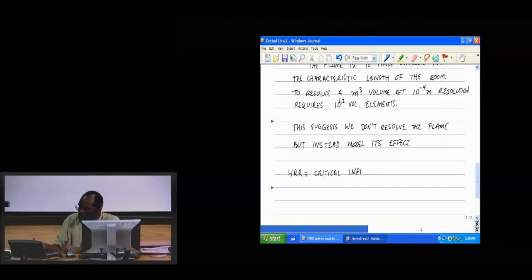It tells us how much power is being liberated in a burning process. And it circumvents knowing all the details of the burning process for an individual fuel packet.